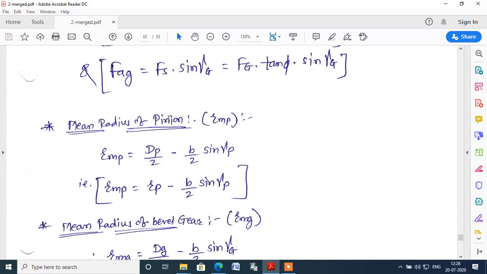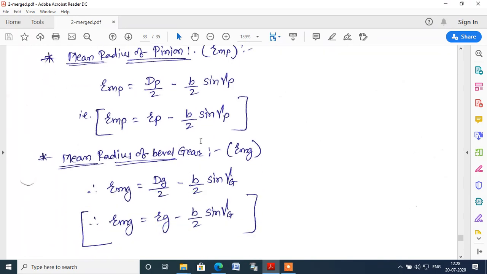The mean radius of the pinion is calculated by using the formula from that figure. So the mean radius of the pinion is equal to dp by 2 minus b by 2 sin gamma, if you carefully observe the figure. dp by 2 is nothing but rp, so RMP is equal to rp minus b by 2 sin gamma.